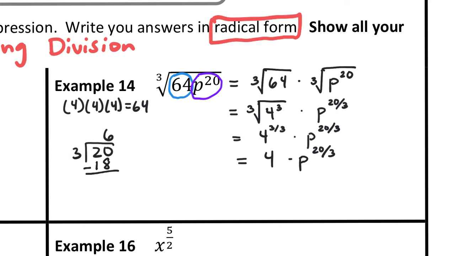Then we subtract, 20 minus 18 is 2. And so we have a remainder of 2.